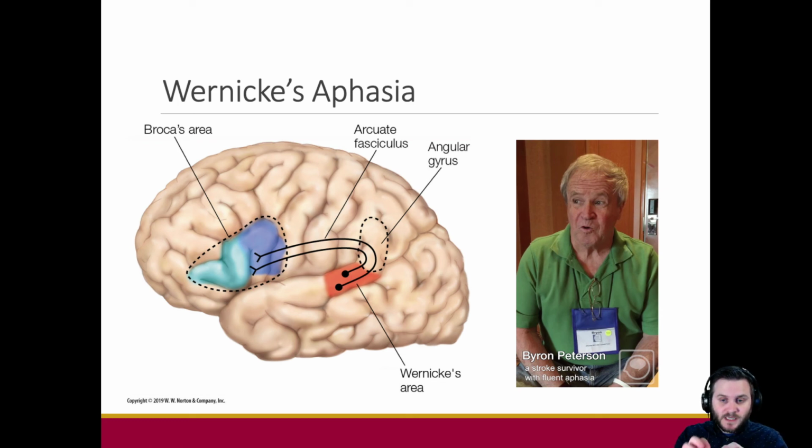We'll talk about those probably on Thursday, because I'm going to go over the classical model and then we're going to end. And so he's having trouble putting things together. That's what the angular gyrus might be for, because again we have the connection here, goes through the angular gyrus. And so he thinks what he's saying is perfectly reasonable to what he heard.